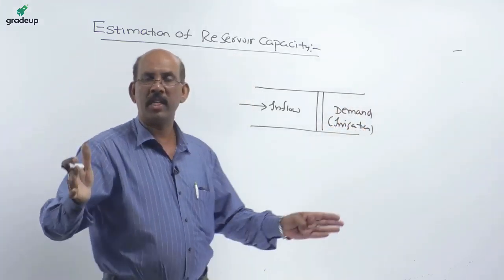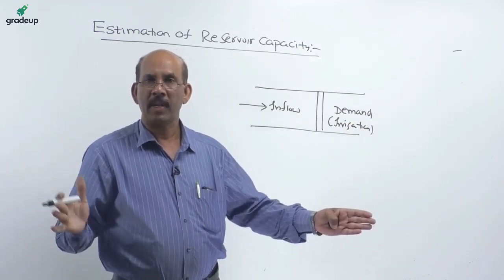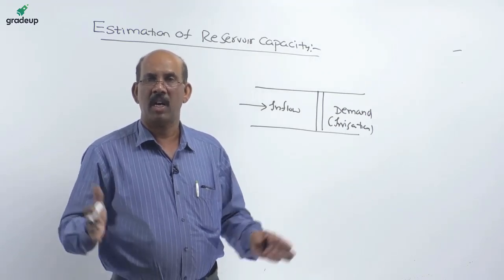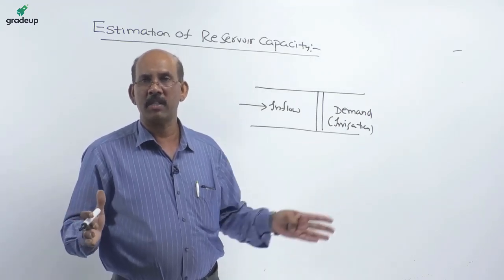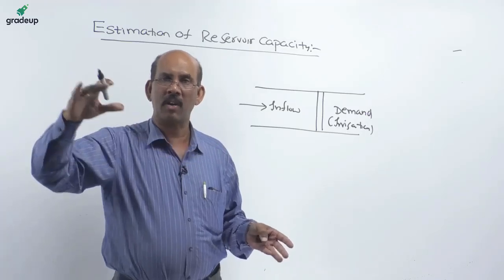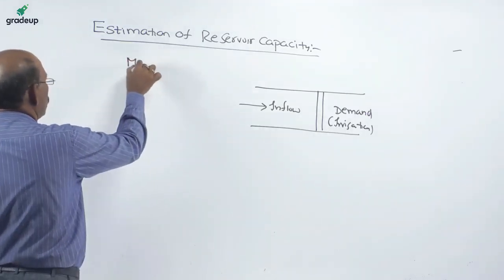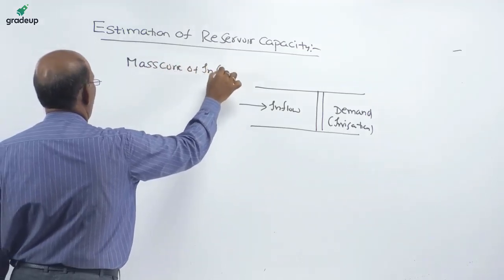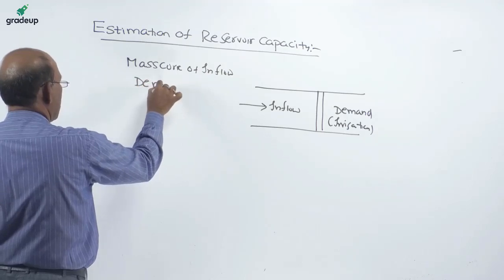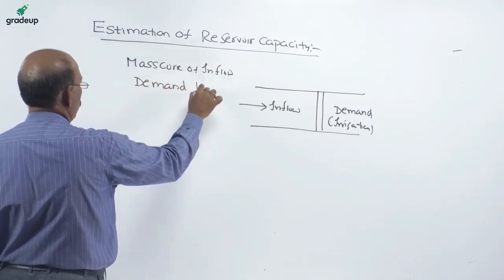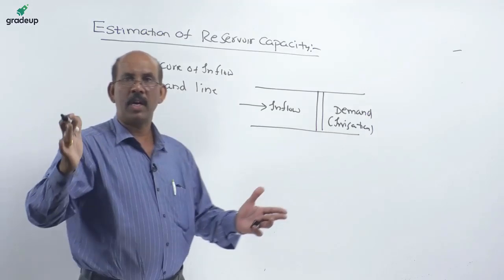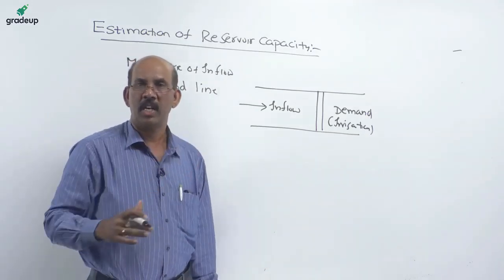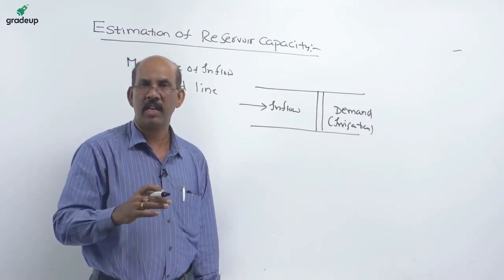Knowing these two, the inflow value and the demand, which we considered here as a constant demand, and plotting the mass curve of inflow and the demand curve or line, we are going to estimate the capacity of the reservoir. So that is the topic on estimation of reservoir capacity.